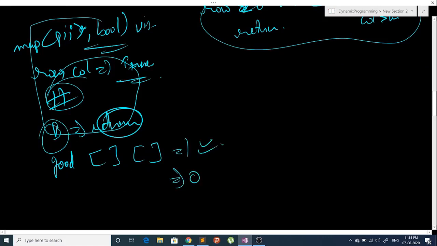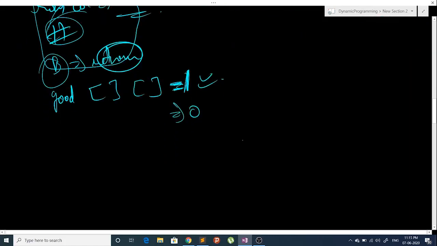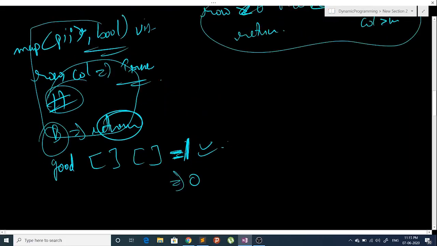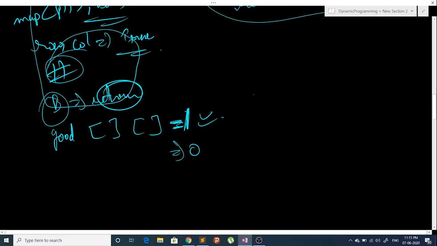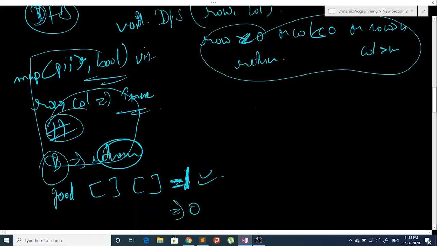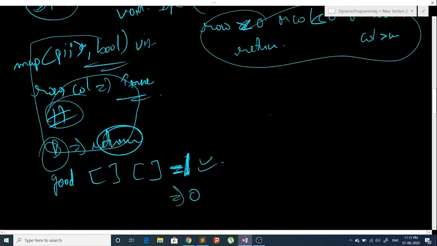So 1 means that this is a good cell, bad persons can't reach here. So now after doing my DFS, I'll check for all the good persons if they can reach a good position, and if they can reach a good position, that means that they can reach the destination.